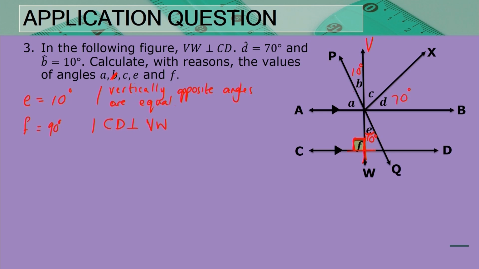Now, the next angle that we can look at is angle A. Angle A and B are in the same relative position as angle F, which means that they are corresponding. Because we have two parallel lines, we've been shown that AB is parallel to CD, it means that those two corresponding angles are equal.